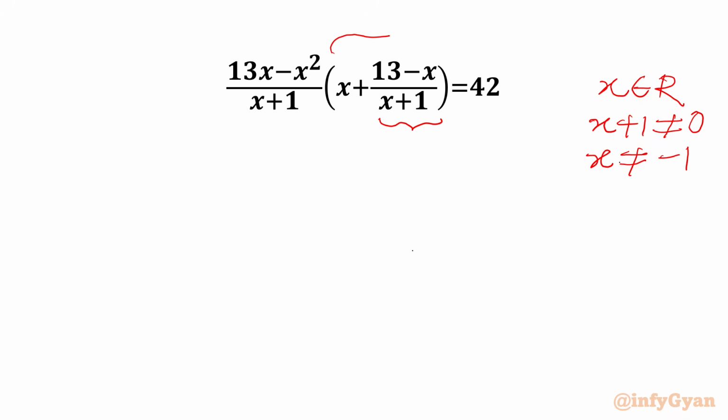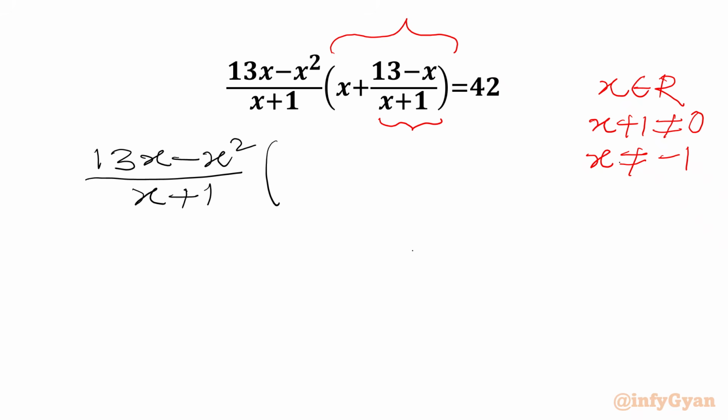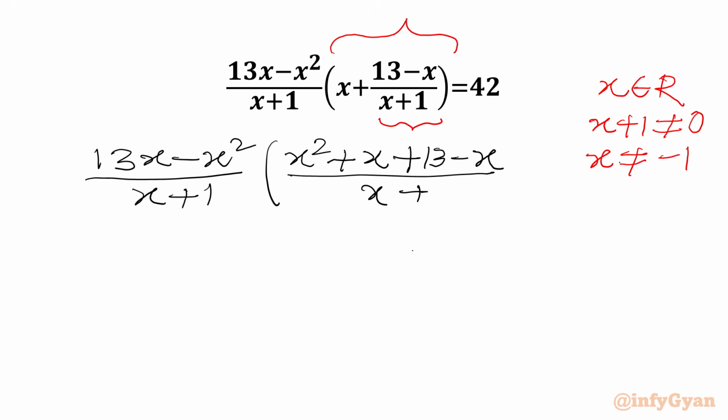Now we are going to take LCM over here. So we can write our equation: (13x minus x square) over (x plus 1), then x times (x plus 1) will be x square plus x, plus 13 minus x over x plus 1, will be equal to 42 plus x minus x will cancel.